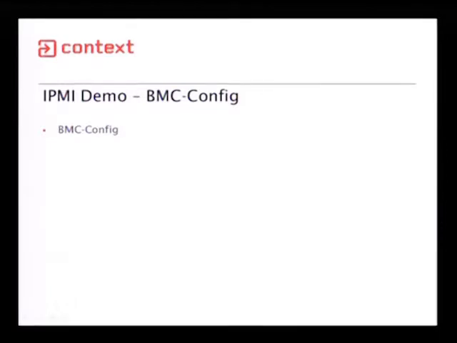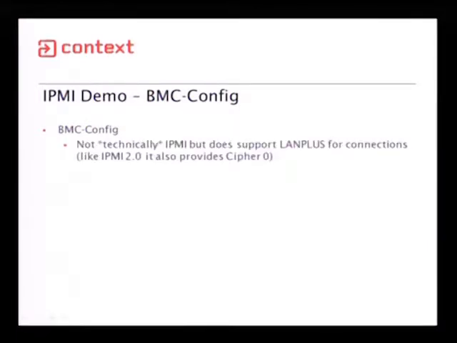bmc-config has a little bit more functionality. Not only can you tweak what's going on inside of it, but you can actually reconfigure the box at the same time. Technically, it's not IPMI, but it does support LAN+. Now, LAN+ is IPMI 2.0, because it's LAN+, it's the next version. But it also provides Cipher 0 as part of the standard.